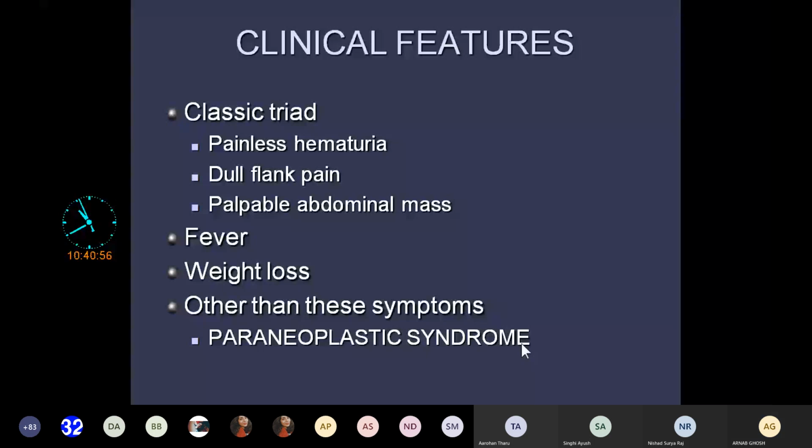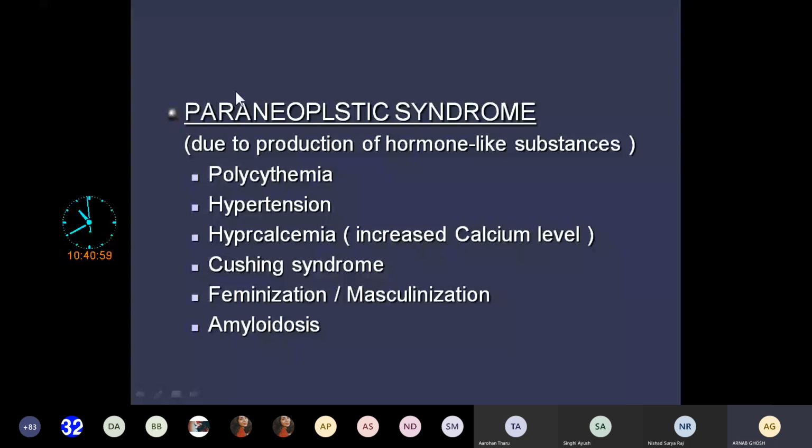So we'll come to paraneoplastic syndrome. These are also important, especially in renal cell carcinoma, so you have to remember. What is paraneoplastic syndrome? These are metabolic changes or metabolic effects due to production of hormone-like substances by the tumor, or by the body from other organs also, but it happens because of the malignancy.